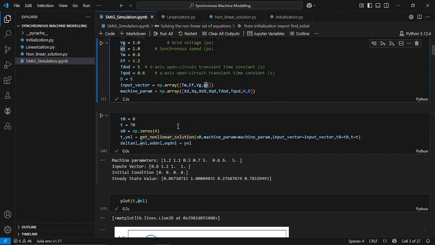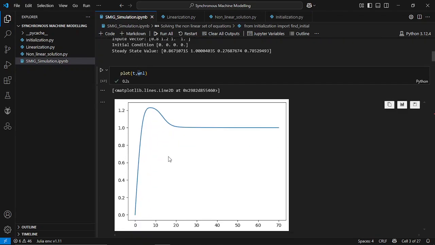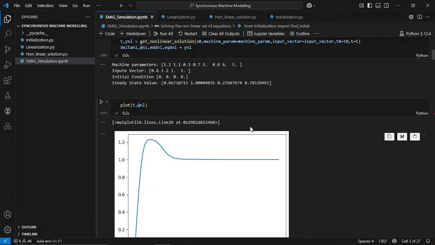So if I solve the system of nonlinear equations for this input condition with zero initial condition, then for the speed we get this kind of curve. That is, the synchronous machine will pick up its speed and reach some steady state value. This is the steady state equilibrium value. Okay, 1 is the equilibrium point.